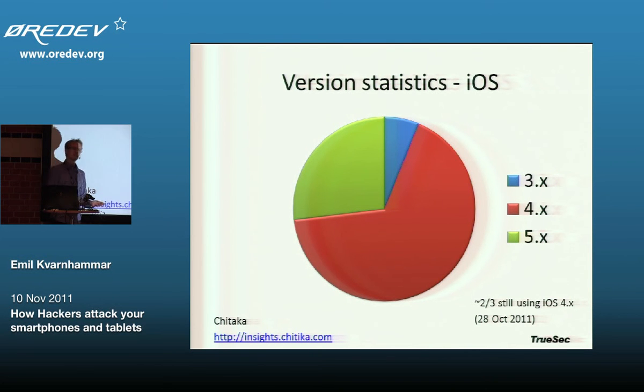And that's why it's so important, especially in an enterprise organization, that you enforce certain versions, so that it's either you update your device or you won't get access to the backend systems. You can't, of course, physically force the user to update their device, but you can always do it with a stick and carrot approach. Like if you do that, then you will get access to the systems again.